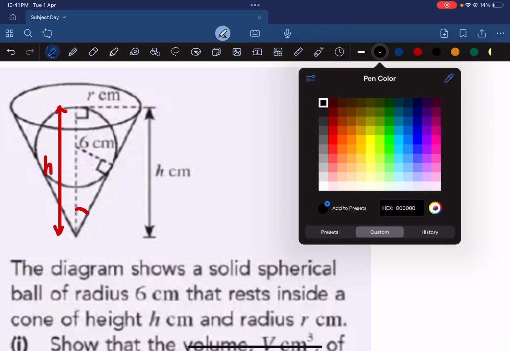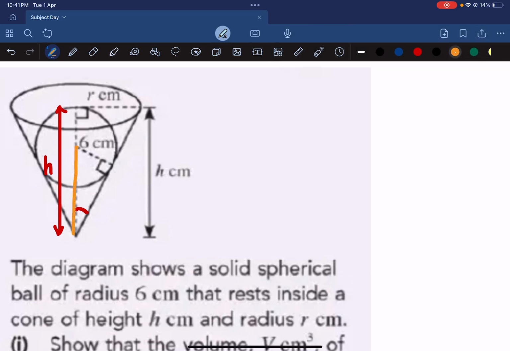This triangle here I highlight in orange, triangle 1. Triangle 2 is this bigger triangle over here. I hope that you can see that these two triangles are similar. Why are they similar? For similar triangles, you should have your AA similarity test. Both triangles have a right angle and they both share a common angle. Therefore, these two triangles are similar.